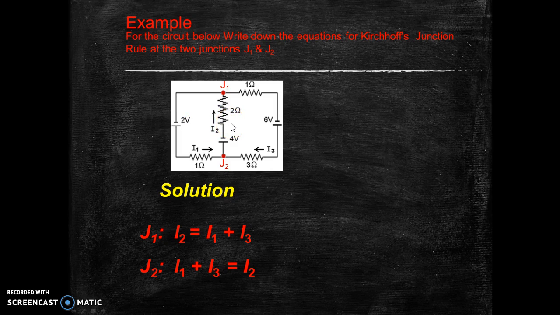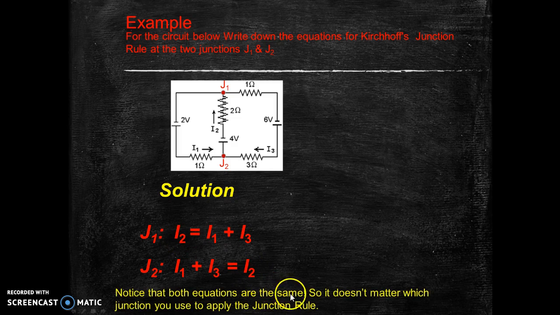Therefore, the junction rule, sum of current in equals sum of current out, can be written as follows: I1 plus I3 equals I2. Note that both equations are the same, so technically it doesn't matter in this circuit which junction you apply the junction rule to, because you end up with the same equation.